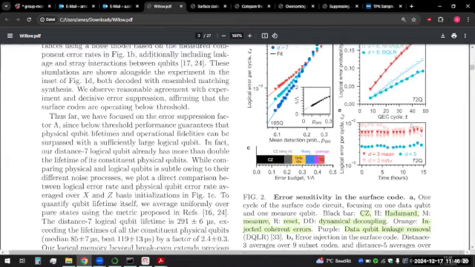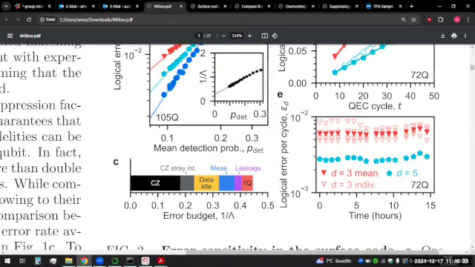Right, and also what they are further talking about here is issues with drift. So here again for the 72 qubit design, they have two setups, the d is equal to 3 and d is equal to 5. And here they essentially perform multiple cycles and then let the setup idle for some time and then perform them again. And they essentially want to measure how big the impact of drift is over time.